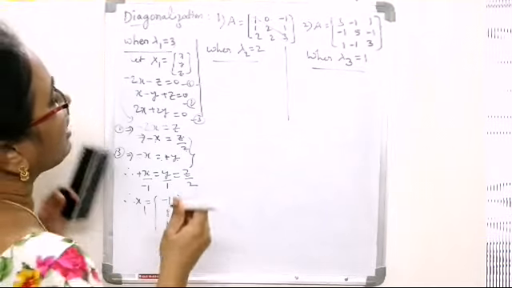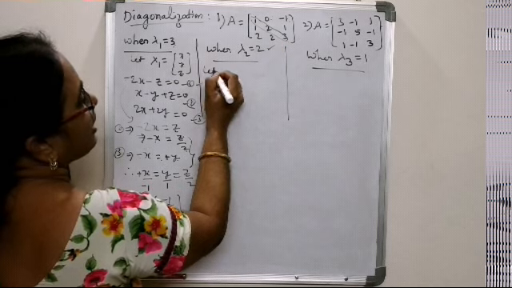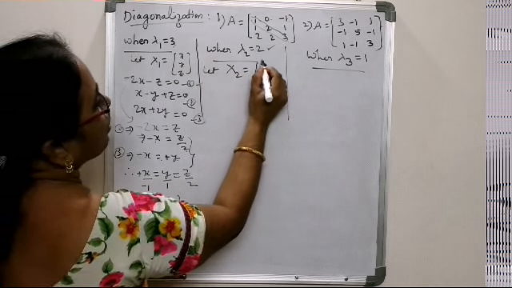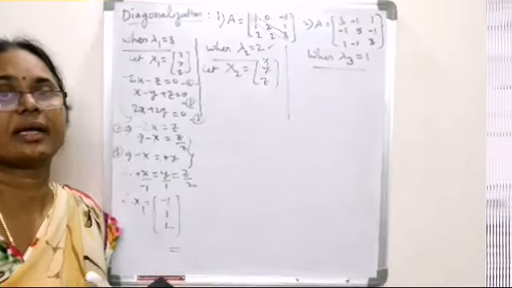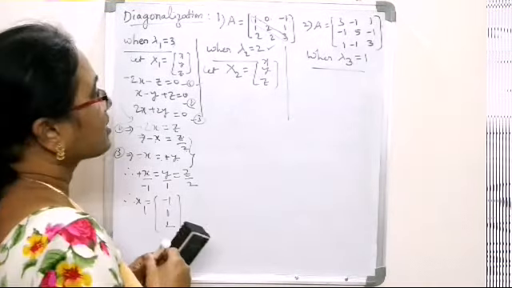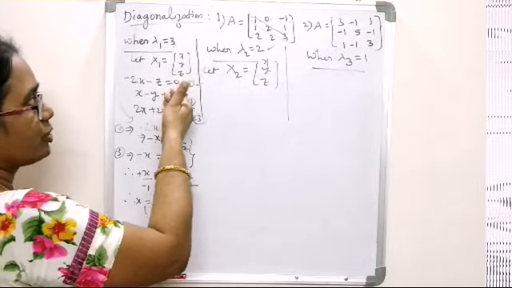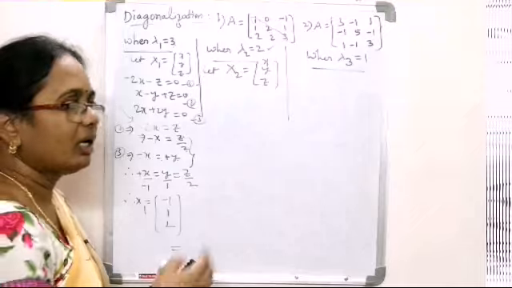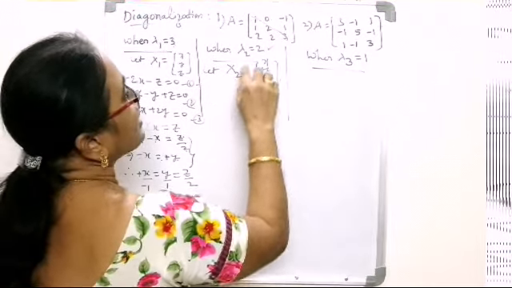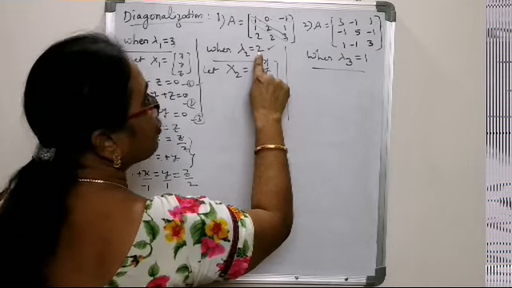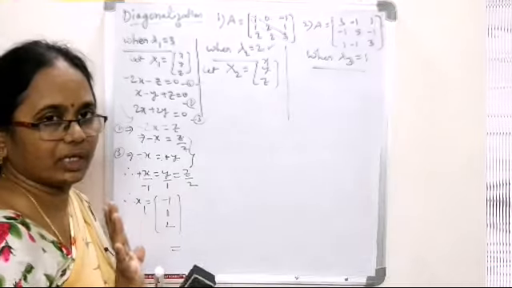Similarly, let us determine the eigenvector corresponding to the second eigenvalue 2. Let us suppose capital X2 equal to the column x, y, z be the eigenvector corresponding to the second eigenvalue 2. As I told in the previous case, for writing the homogeneous system we subtract 2 from the diagonals of the given matrix, and row wise we can write the different equations.